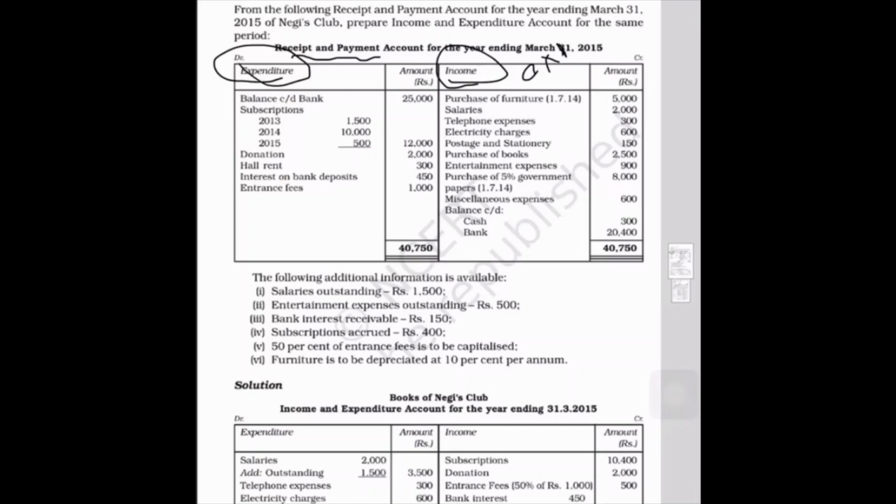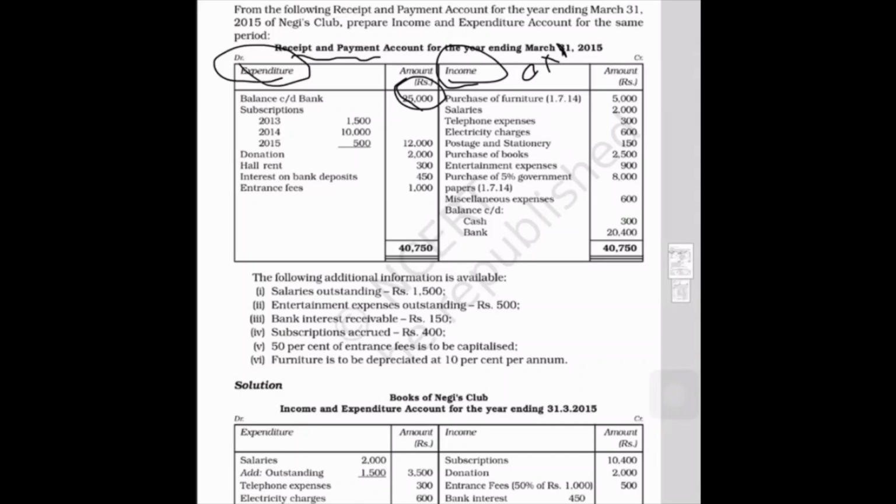Please make it correct. And then we have to analyze each and every transaction carefully as per our steps. Actually, we have already given the important steps. The opening balance and closing balance must be excluded to prepare income and expenditure account. So the opening balance, 25,000 rupees bank balance, should be excluded.